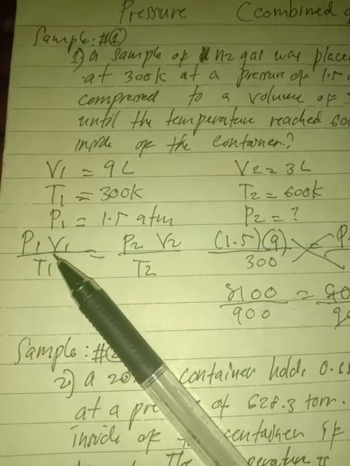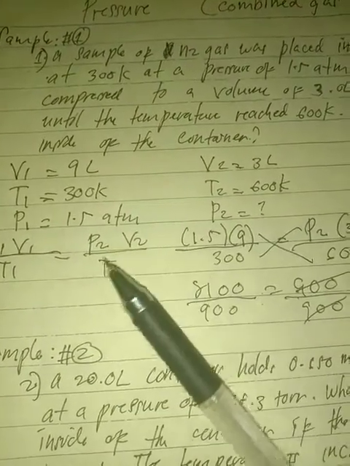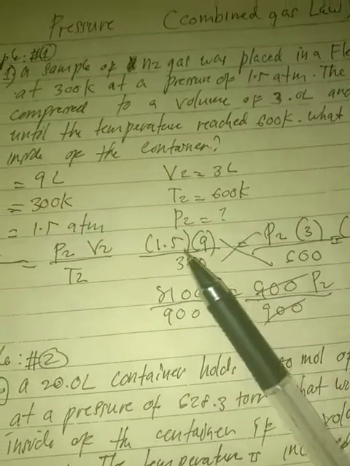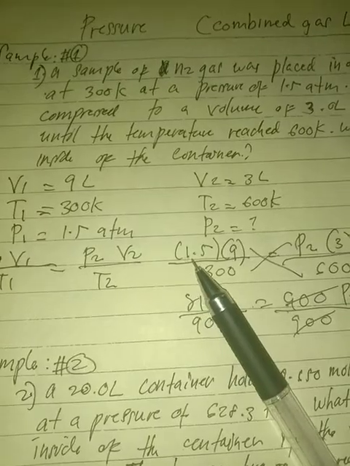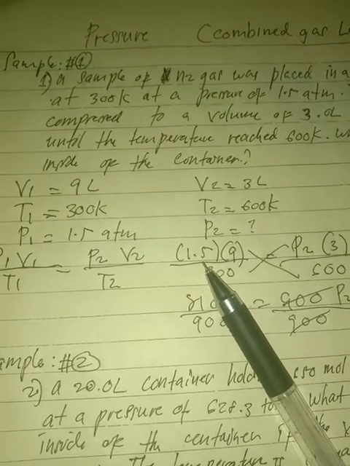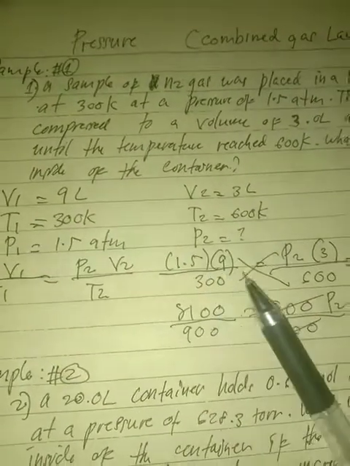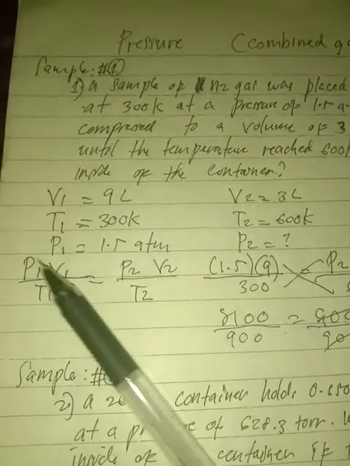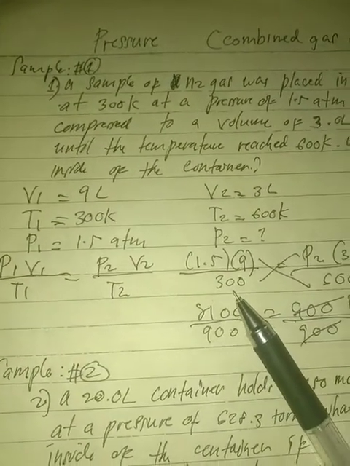So P1 times V1 over T1 equals P2 times V2 over T2. So now we are going to write here the value of our P1. The value of our P1 is 1.5 atm. Then the value of our V1 is 9 liter. Then the value of our T1 is 300 Kelvin.